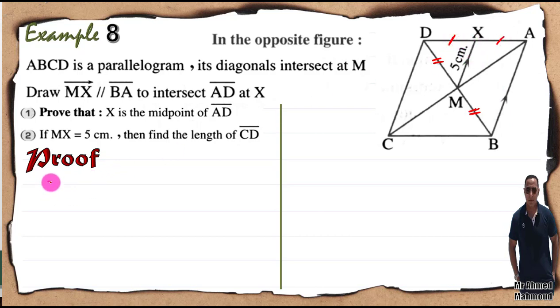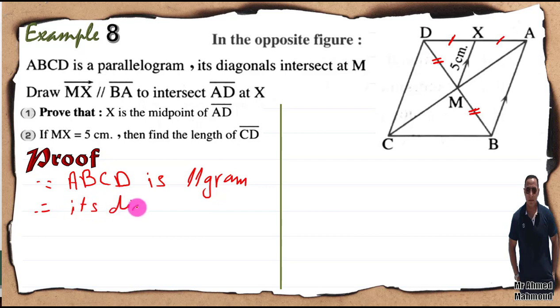Since ABCD is a parallelogram, therefore its diagonals bisect each other.